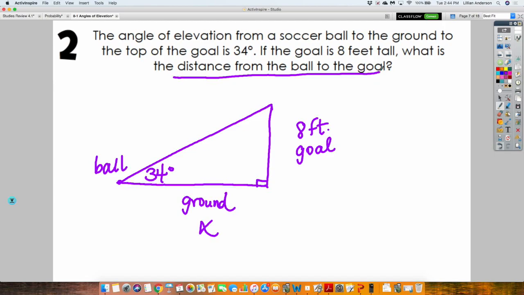The angle of elevation to the top of the goal is 34, but it's not asking for the distance that the ball will travel to the top of the goal. It's asking how far it is away from the bottom of the goal. Label your sides. 8 is what? Opposite. X is. So which trig ratio am I going to use? Yet again.